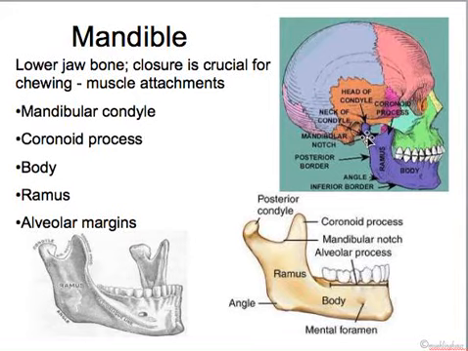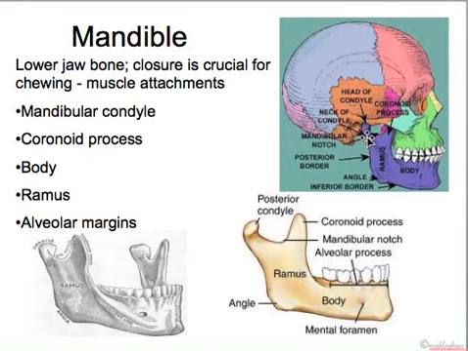Now this is the second time you hear that word condyle. We're going to have it again in the knee and even in the elbow. A condyle is a rounded structure that fits into a fossa and makes a joint. So the mandibular condyle is the part of the mandible that makes the joint with the temporal bone, one on each side.